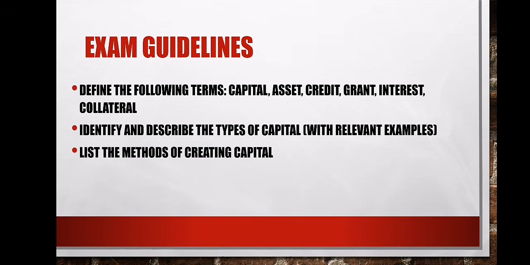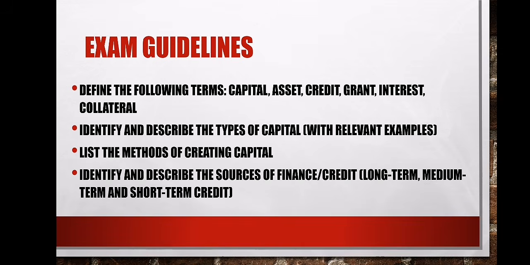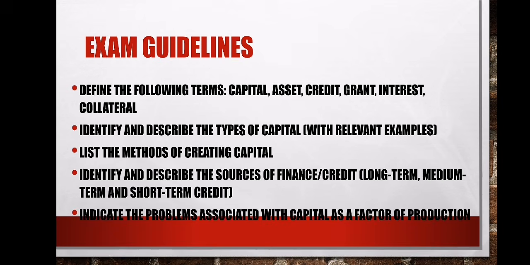We'll just have about 3 methods of creating capital. When we are still talking about this one, we have to then look at the different types of credit. We'll define credit, and then we will look at the types of credits that we have. And when we look at the types of credits that we have, we will link them with the capital that can be bought using that credit.